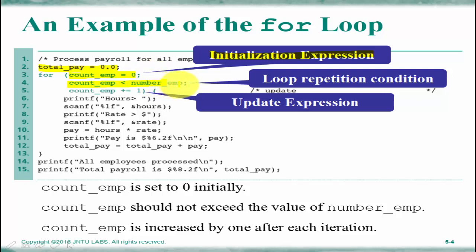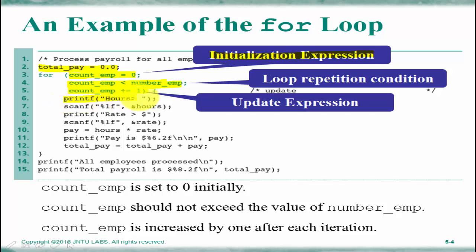The employee number is already present; in my previous tutorial it was 7. It is the loop condition, and the count of the employee should always be incremented by 1.